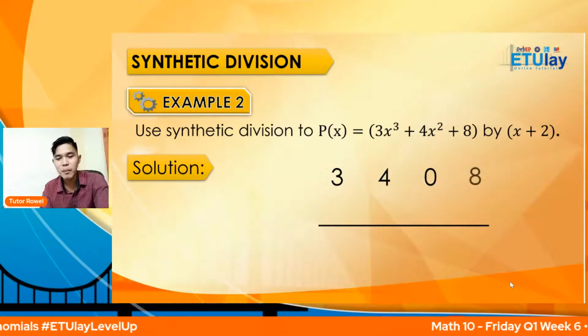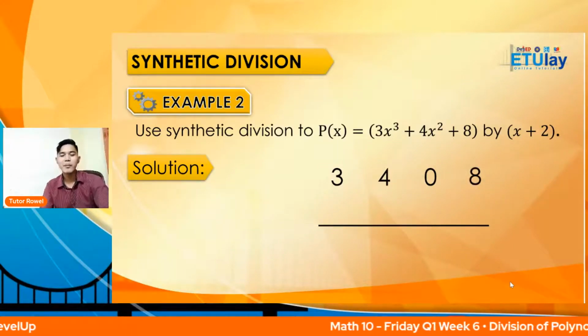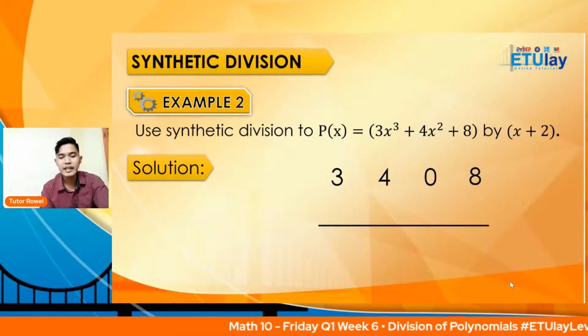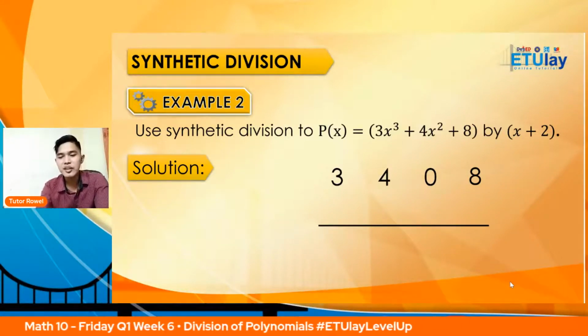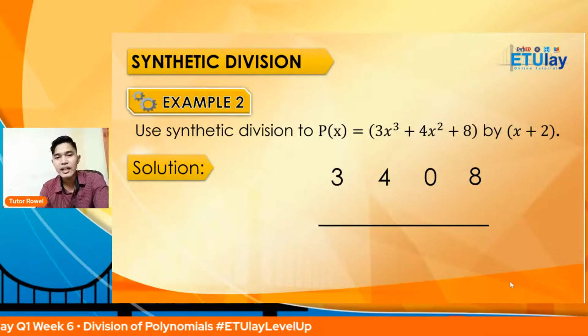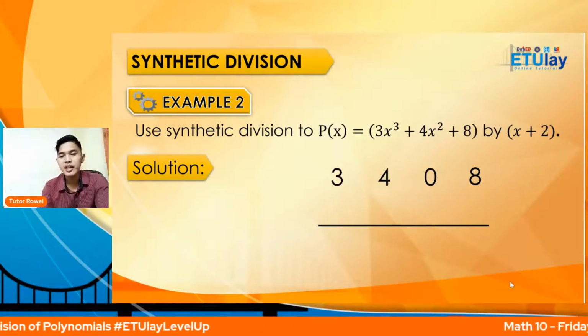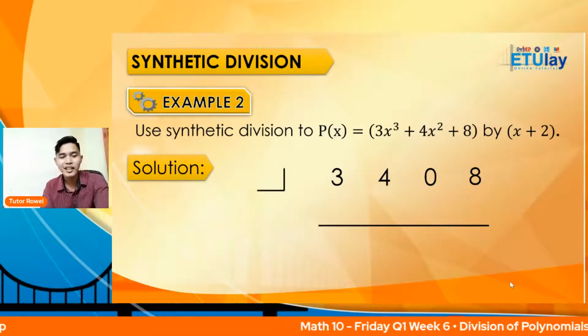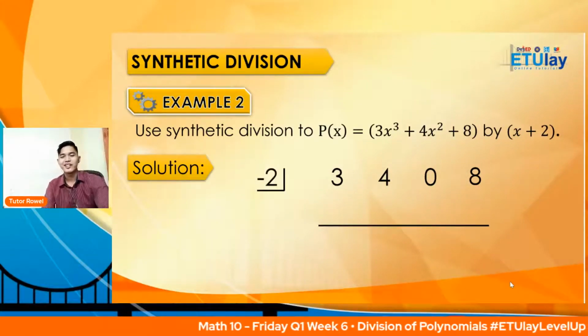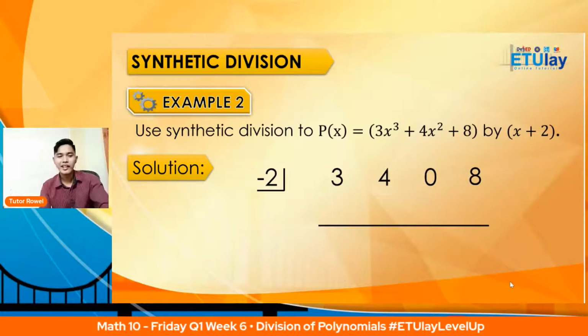Constant, which is plus 8. Now, mathletes, ano yung ilalagay sa upper left? Since x plus 2 ito, dapat naka-x minus r or x minus c siya, si positive 2 magiging negative 2. Okay po?